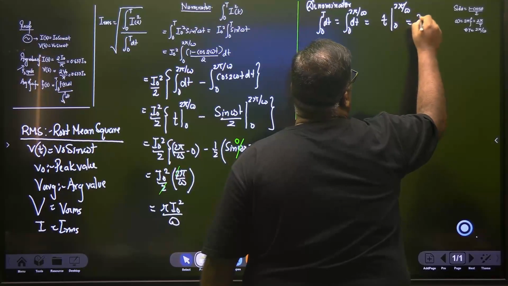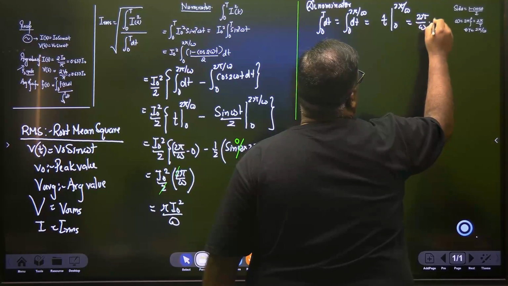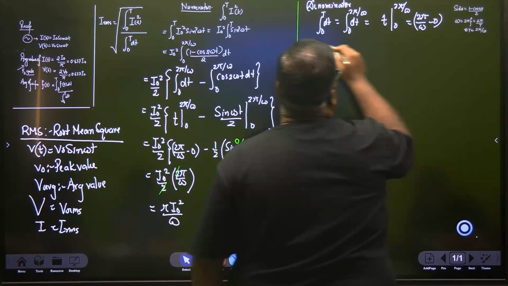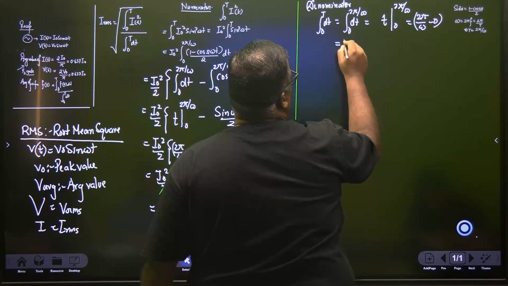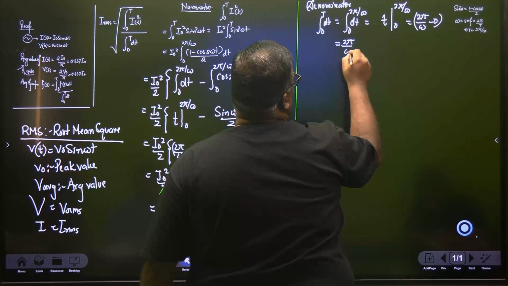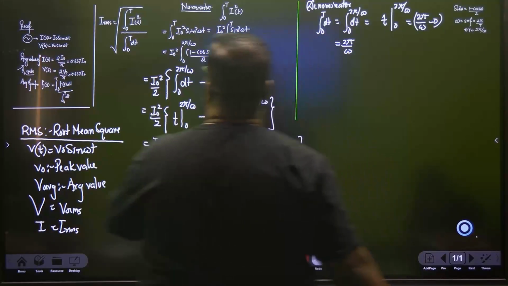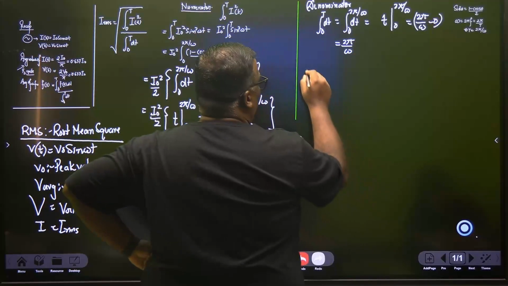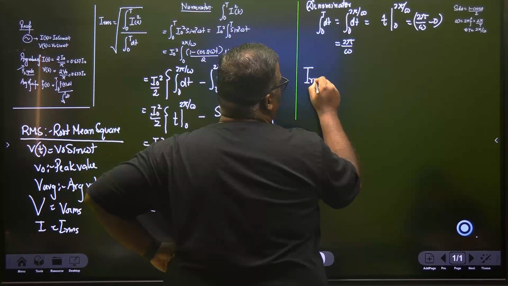So this will be ultimately 2 pi by omega minus 0, which is finally equal to 2 pi by omega. Right? Now we need to find the value of IRMS.